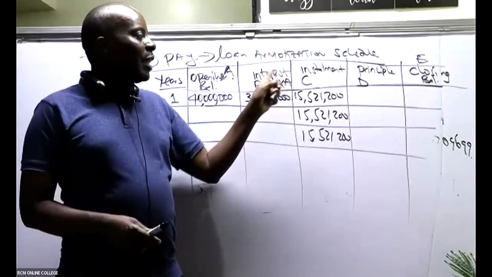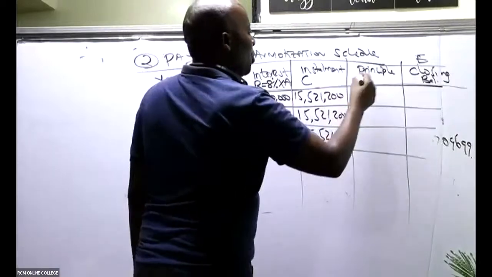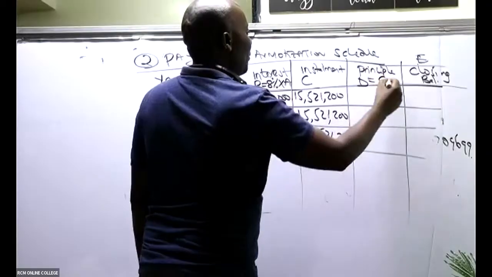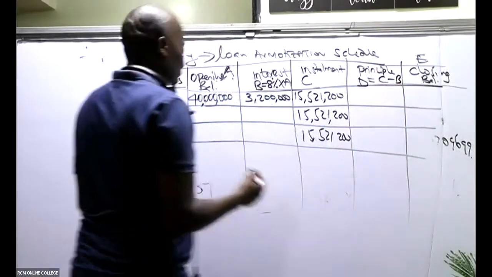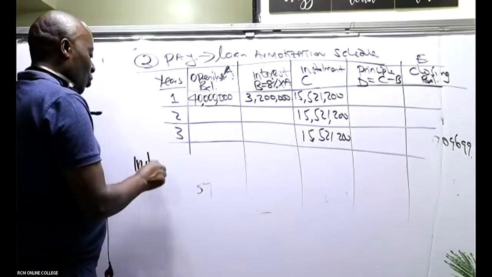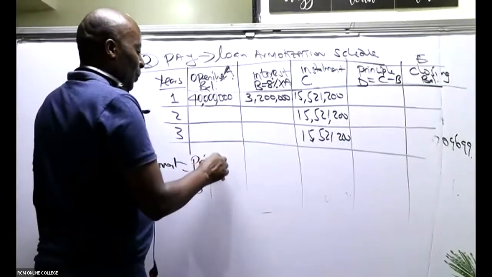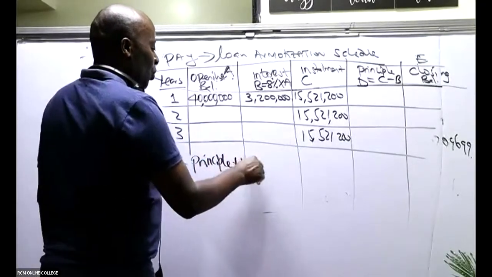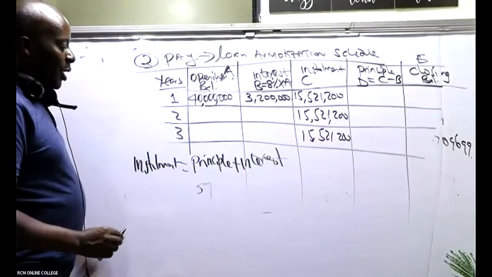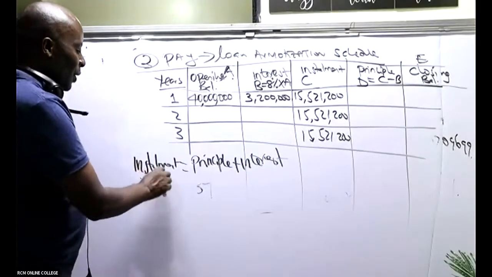Now that I have interest and I have installment, to get principal is very easy. I will take C minus B.